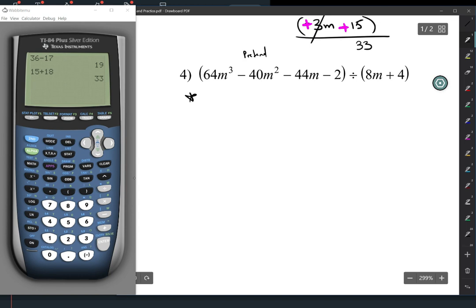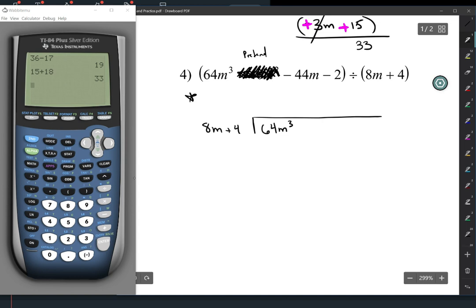Let's pretend that it actually is 64m to the third, and this term does not exist. If this were the case, we'd have 8m plus 4, 64m to the third.